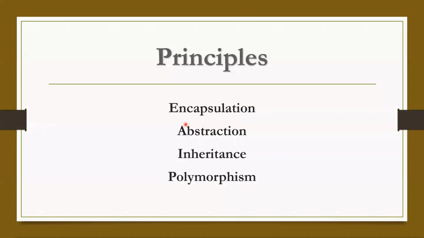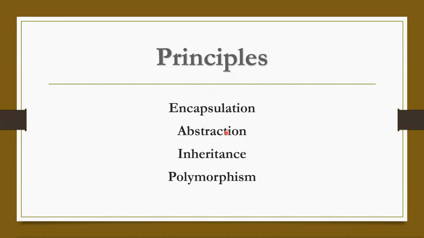In OOP, we have a set of four different pillars, or we call them principles. OOP is completely built on top of these 4 principles. The first one is encapsulation. Encapsulation means hiding the important information inside the object and showing only the required ones to the outside world.